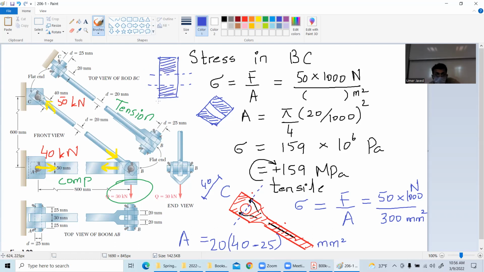So it will be this dimension, which is 20. Please focus here. This is the flat portion, 20, multiplied by this height, which is 40 minus 25. Is it clear now? So just imagine that the force is flowing right through it.